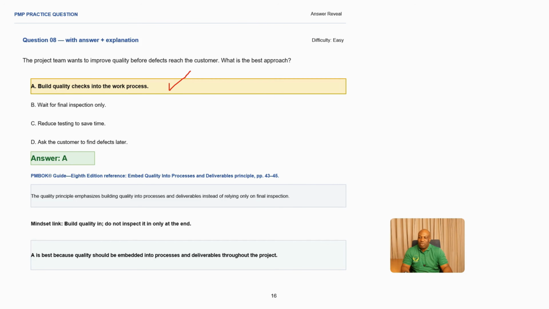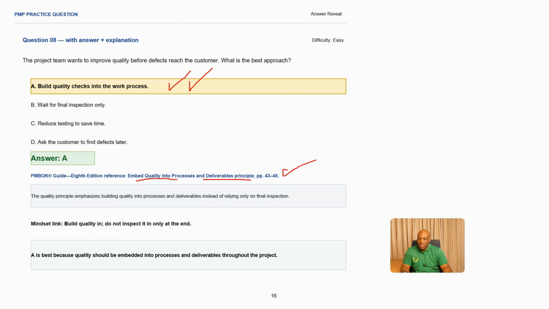You need to build quality throughout the project. You also need to make sure that you have quality checks in the work process. So during your execution process, you also have to make sure that you have your quality checks. So which domain or principle are we looking at here? You need to embed quality into deliverables. You can also get this from the PMP book.